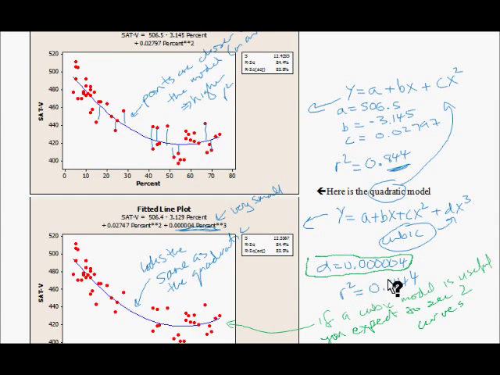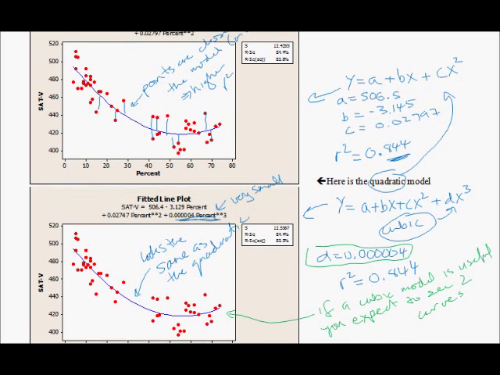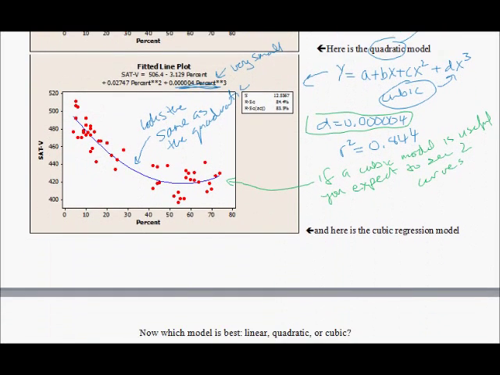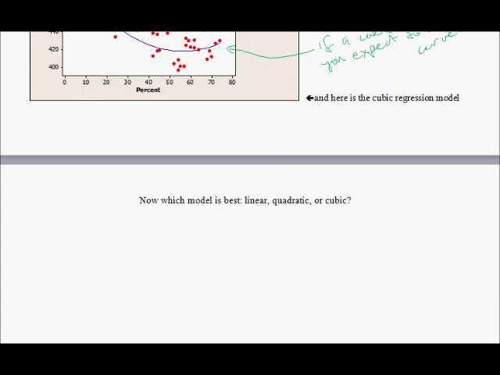Notice r squared hasn't changed much either, right? It looks like the same r squared. Actually, it's not. This r squared for the cubic term, this 0.844, is actually slightly larger. Because what it's doing is, if you keep adding x terms to the model, so I guess we'll scroll down here a bit and write some stuff down.